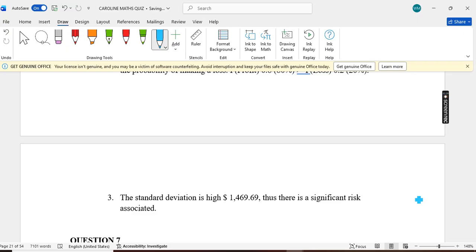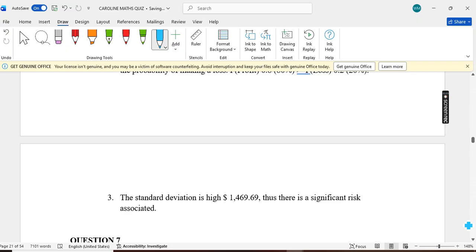If you're conservative, where you want stable things, yes, average profit is high, and probability of making a profit is greater than the probability of making a loss. But this industry fluctuates. It's a risky industry because of the high standard deviation. So if you're conservative, do not engage in this because it's high risk.